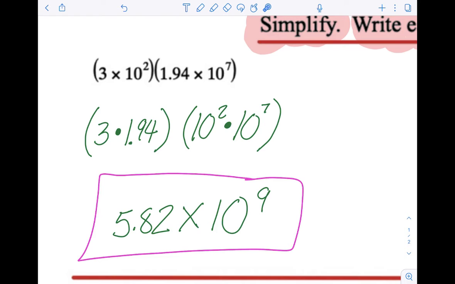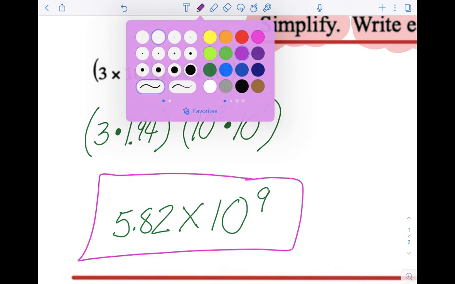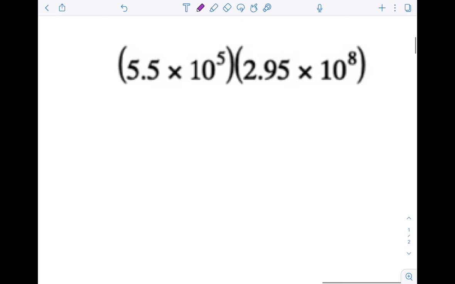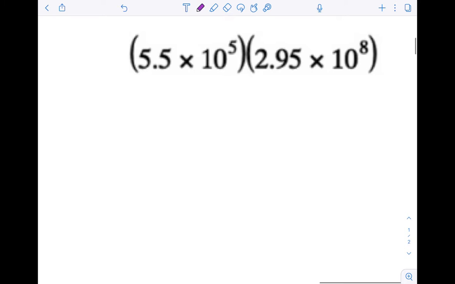All right. Let's try another one. Let's try the second one here. Okay. So I see two scientific notations are multiplying because parentheses next to parentheses means multiply. So I'm going to do regular number times regular number, 5.5 times 2.95.